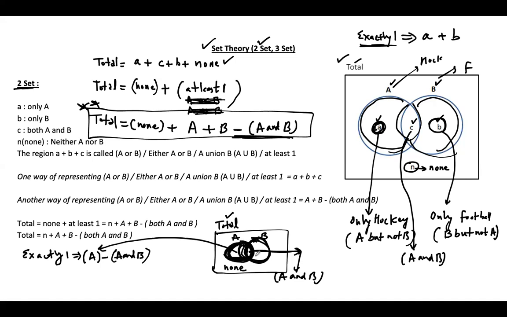Correct. Similarly, for B, you'll write B minus, again, this region, subtract A and B. So exactly one would be A plus B minus 2 times A and B. Is this clear to everyone?